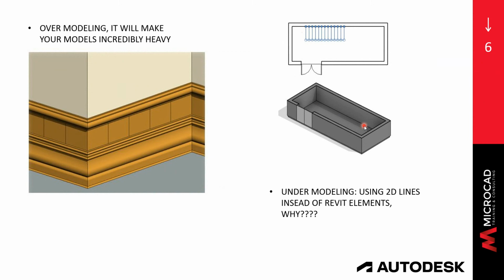It's like, why? When I see stuff like that, I'm like, no. That is why we have 3D elements, and that is why we are modeling in this beautiful database called Revit. So keep things in their proper location. Wherever you need lines, then use lines. But wherever there is a 3D element to be placed, use the 3D element.